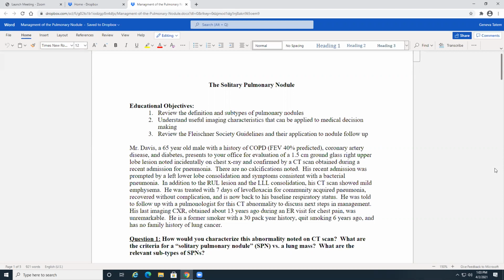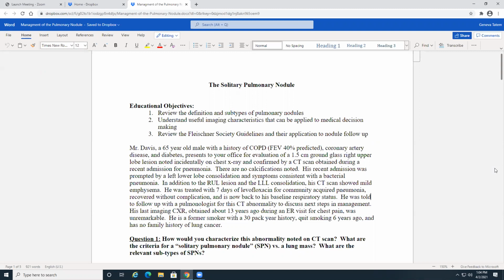He was told to follow up with you, a pulmonologist, for this CT abnormality to discuss his next steps in management. His last imaging chest x-ray was about 13 years ago when he was 52, and that was during an ER visit for chest pain, and that x-ray was unremarkable.